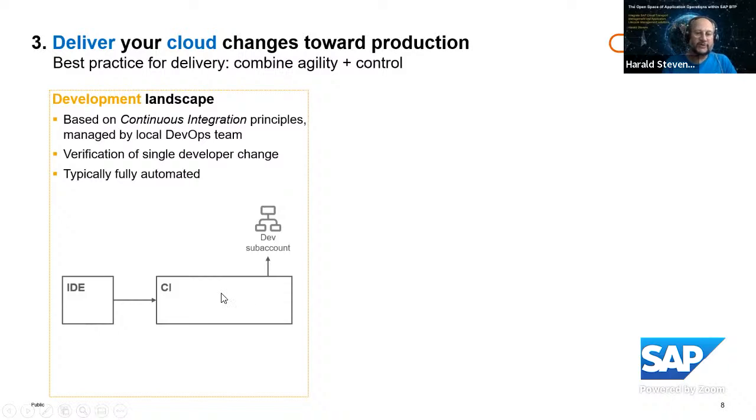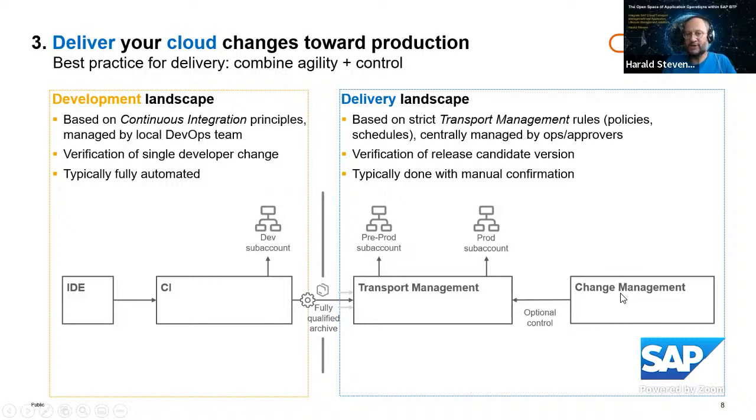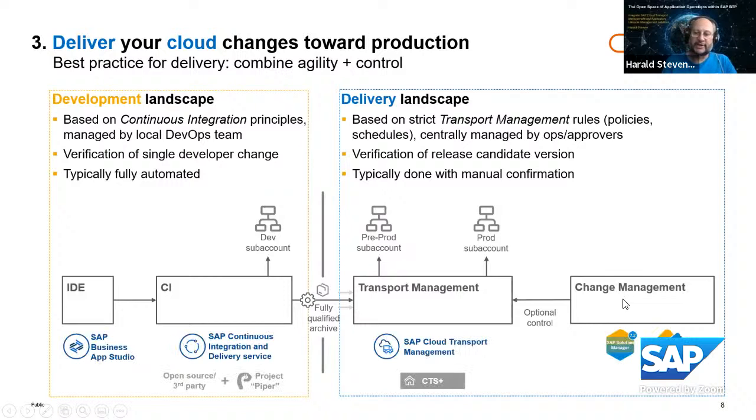And then eventually we do a handover of our artifacts or our application to transport management. Here we're using the Cloud Transport Management. And we have the integration with our change management or application lifecycle management tools. In this case, I will use the Cloud ALM. And if we have time left, I will also show you how this would look like in Solution Manager as well.